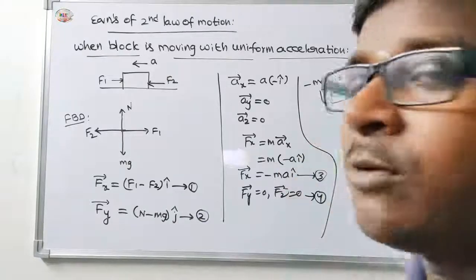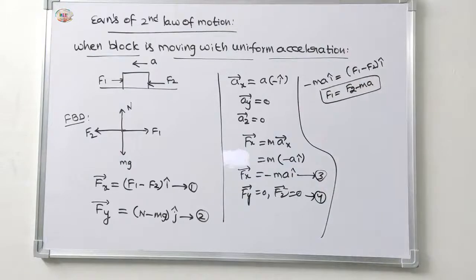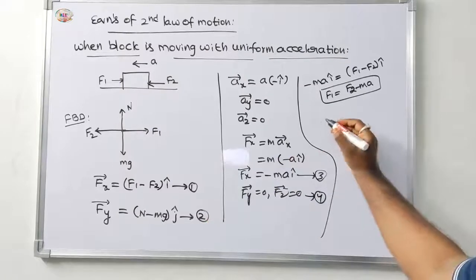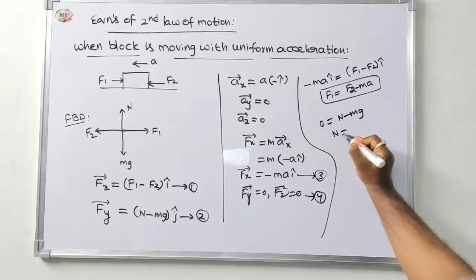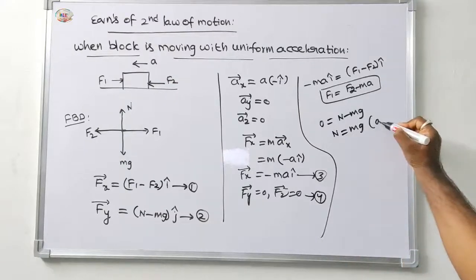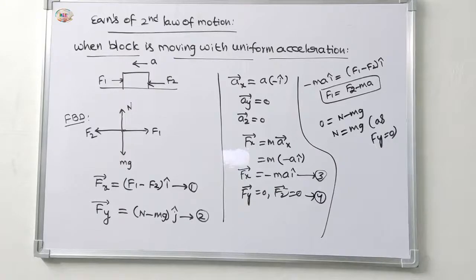Then F1 is equal to F2 minus ma. Next, taking the second equation, Fy is equal to 0, which is equal to N minus mg. Then N is equal to mg, as Fy is equal to 0.